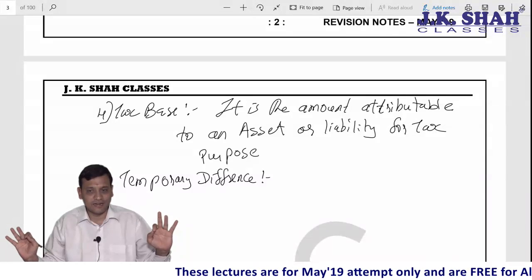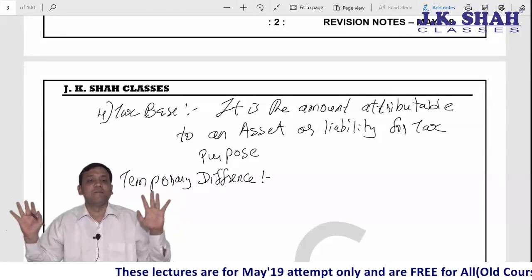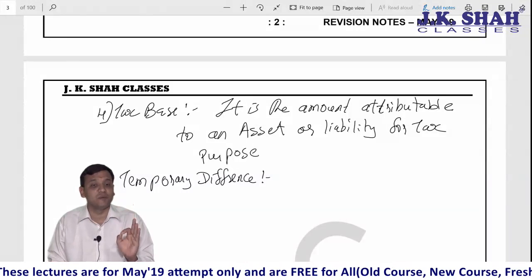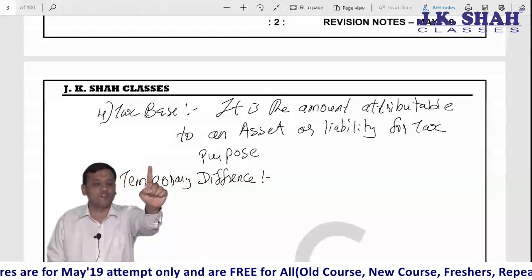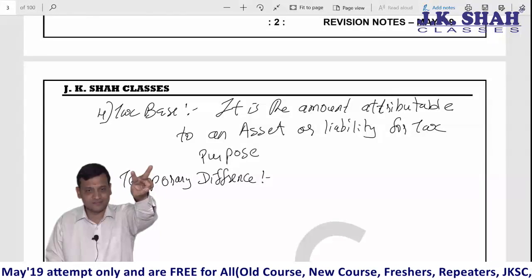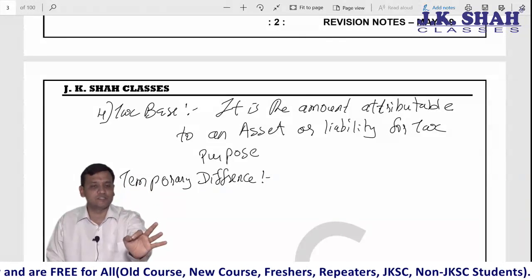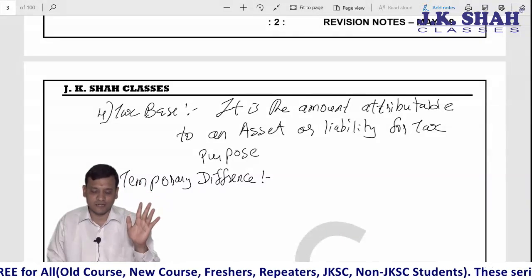Very much important. I repeat once again. What is temporary difference? Temporary difference is nothing but difference between the carrying amount of an asset or a liability as per books of accounts and the tax base of that particular asset and liability.